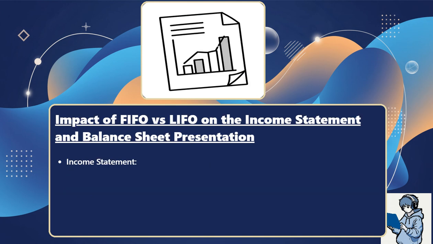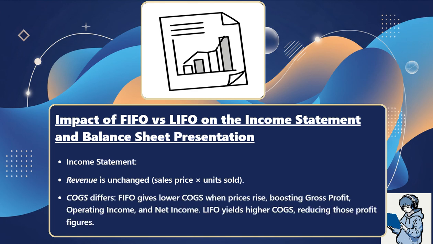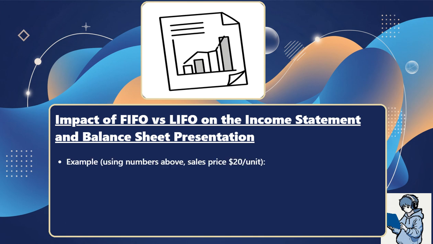Income statement. Revenue is unchanged, sales price times units sold. Cost of goods sold differs. FIFO gives lower cost of goods sold when prices rise, boosting gross profit, operating income, and net income. LIFO yields higher cost of goods sold, reducing those profit figures. Example using numbers above. Sales price $20 per unit.